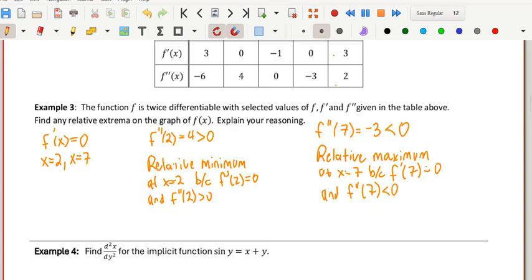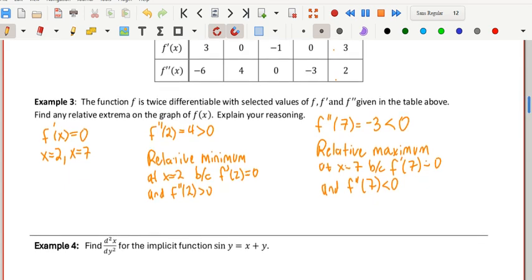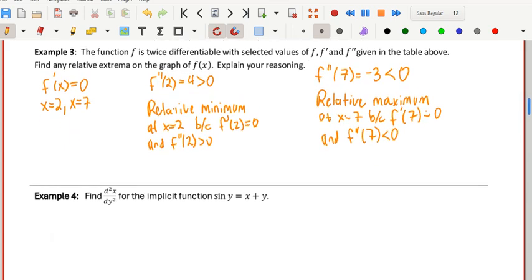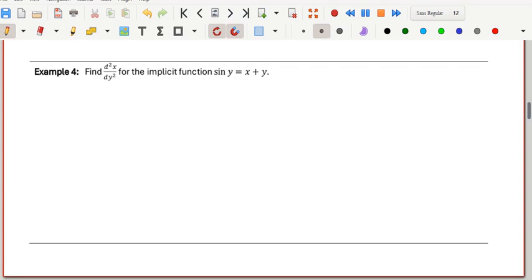Boom. Questions on that? So that's a little piece of information baked into this. If you just see a random question and they want relative minimums and maximums, you have to use the second derivative test. Chances are they would make it so it's designed to give you the wrong answer if you use the first derivative test, especially if it's multiple choice.